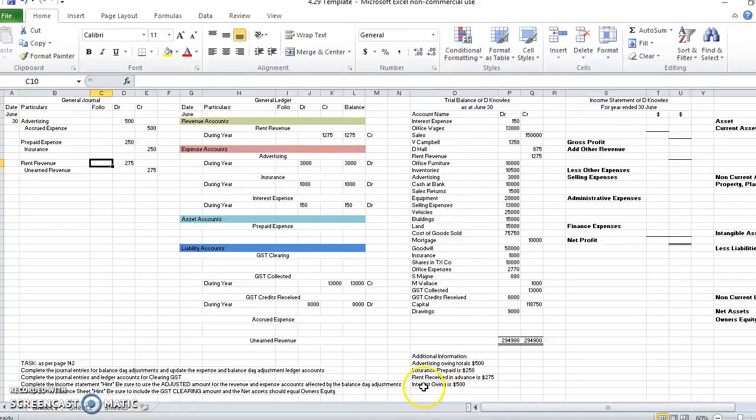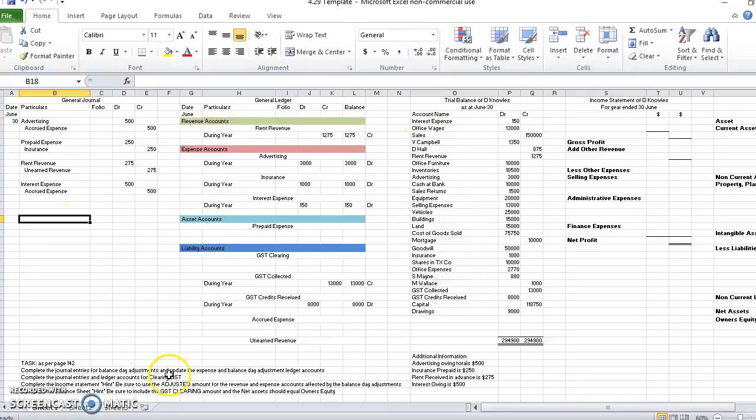So if interest is an expense, we've got owing, so it's accrued expense. So an accrued expense is a liability for $500. And the interest expense as per our trial balance.